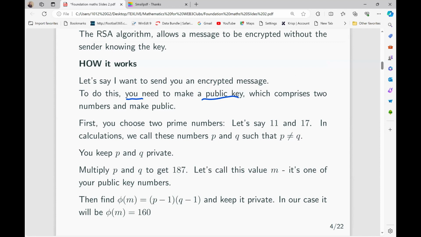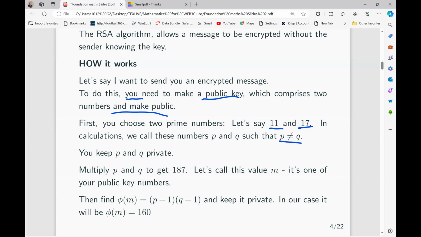They normally comprise two. There are two public keys. Now, before you come up with those two public keys, you pick two prime numbers. Let me say you pick 11 and 17. And those two prime numbers should not be equal.